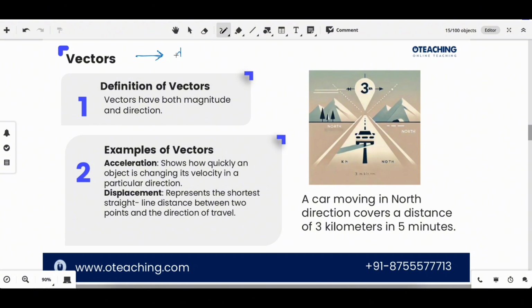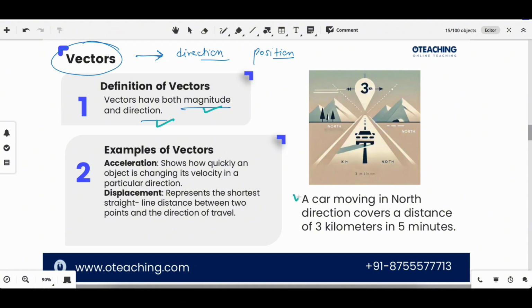I have to get your direction to state your position after a certain time, after 5 seconds or after 10 seconds. So those quantities are categorized as vectors. What are vectors? Vectors have both magnitude as well as direction.